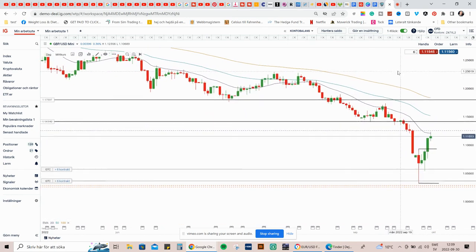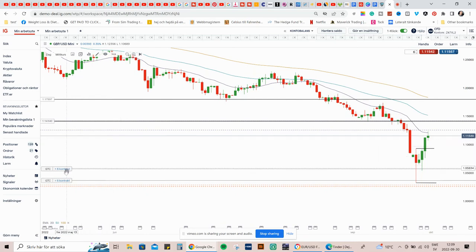I have put two buy limit orders here. One at this level, 1.057, and the other at this level, 1.035. My stop loss is just below this wick or tail.